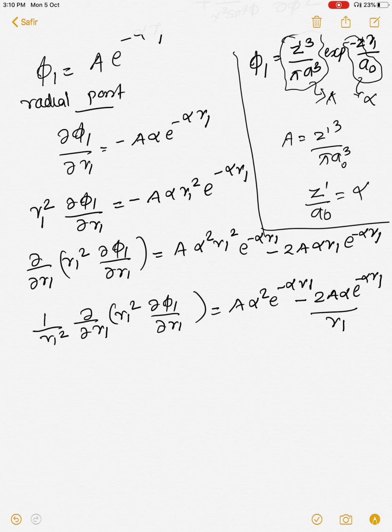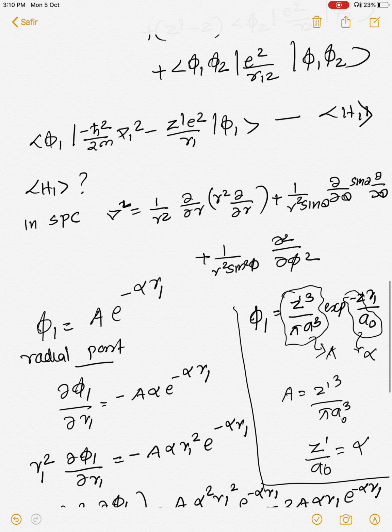I just divided by r1 square throughout. So now I found this much of the del square operator with the radial part only.